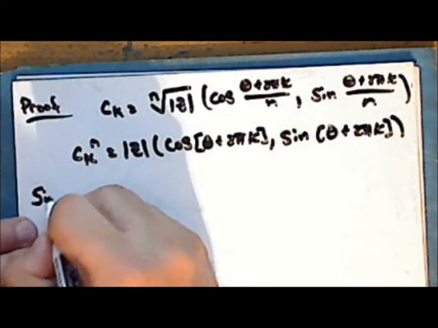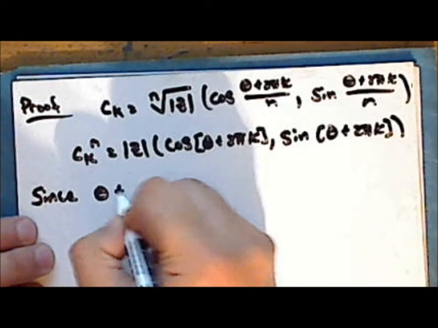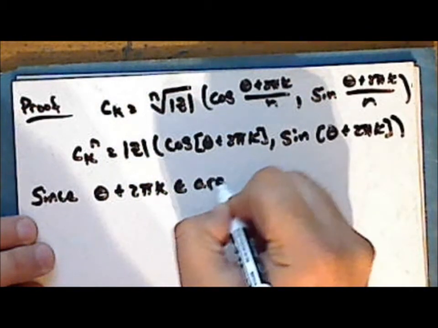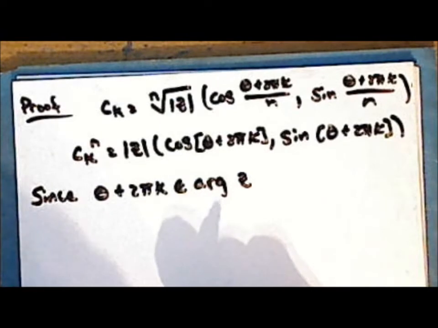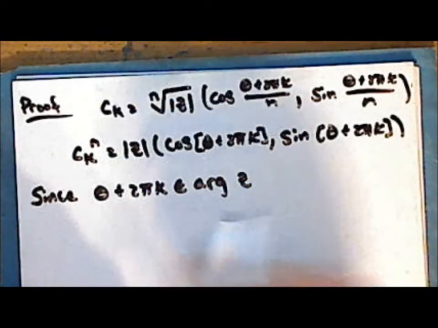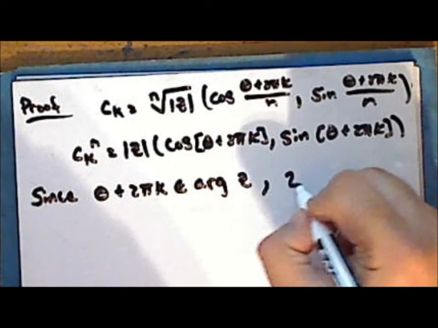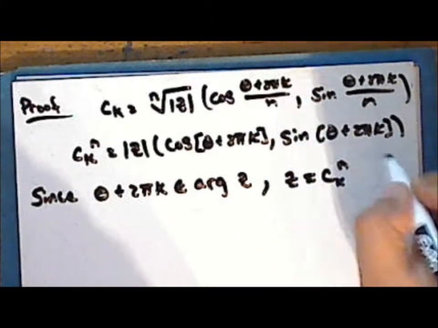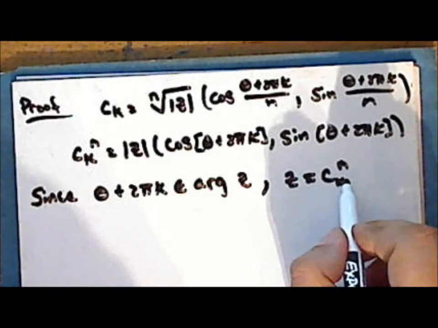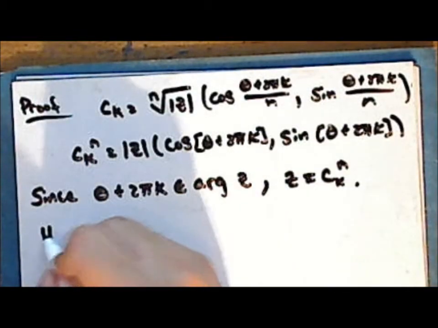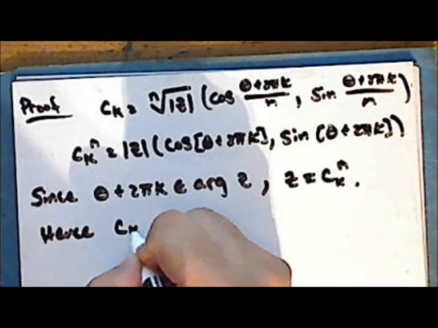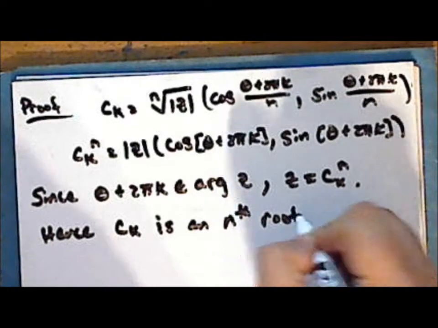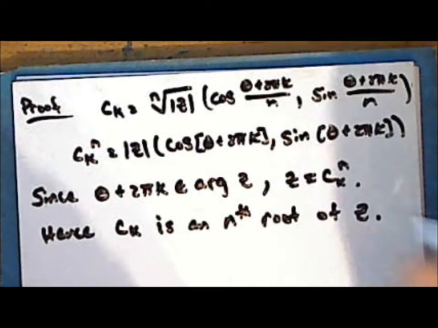Now since theta plus 2 pi k is an argument of the complex number z, no matter what the value of k, we have that z is c sub k to the nth power, and hence c sub k is an nth root of the complex number z.